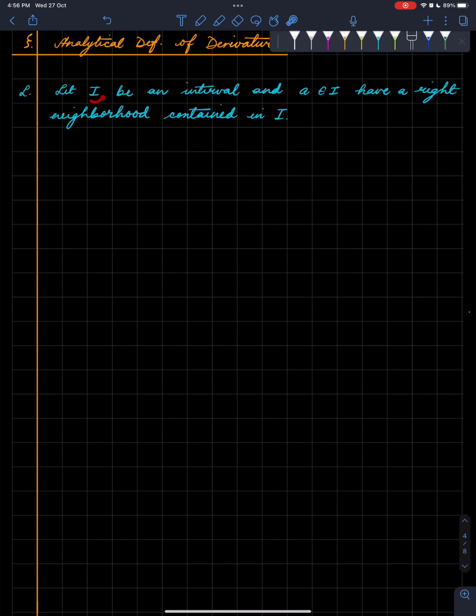Again, what we have is an interval and a point a which is not the right boundary point, meaning there is a right neighborhood of a contained in I. Okay, and now let f be a function from the interval to R. Then the following are equivalent.